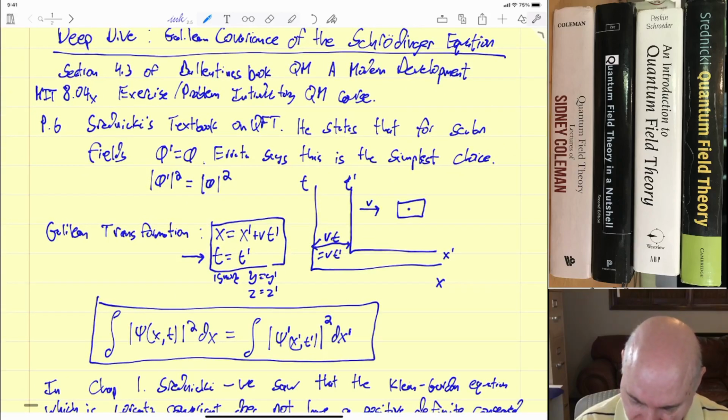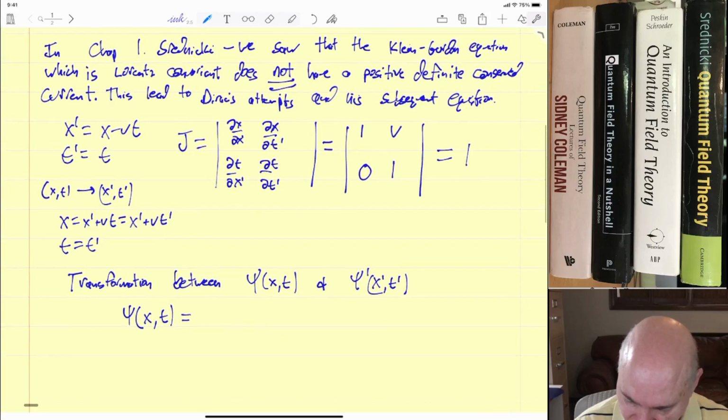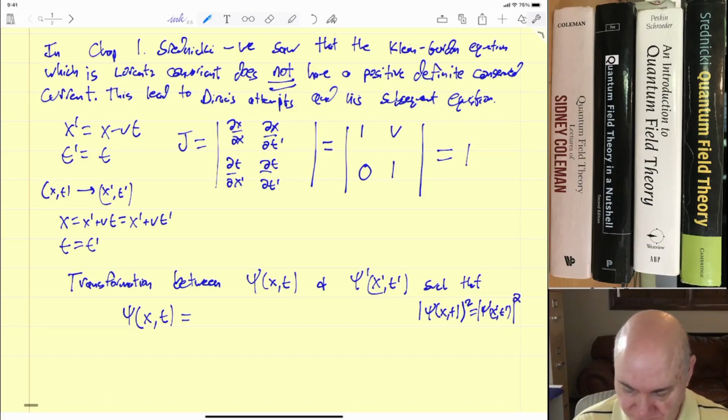Because the measure is the same, the implication is that the absolute value of psi of x, t squared equals the absolute value of psi prime of x prime, t prime squared. This is our condition.